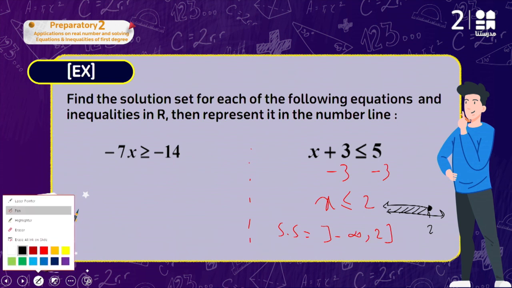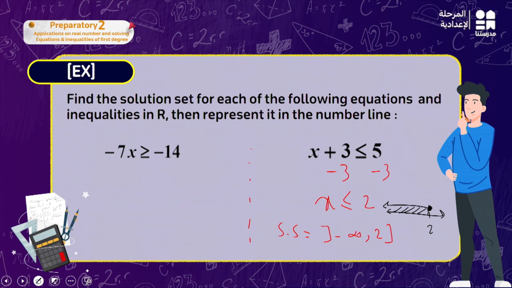اوكي in this example negative 7x greater than or equal negative 14, so we want to find x, only x, so we can make divided by negative 7 in both sides. في هنا حاجة مهمة جدا، نوت وريمارك مهمة جدا جدا جدا.